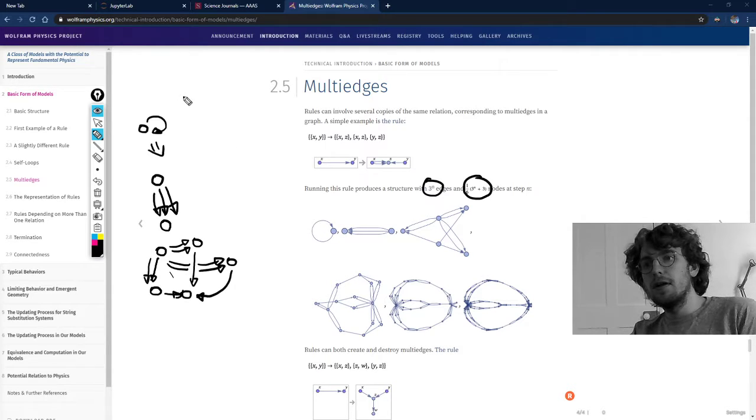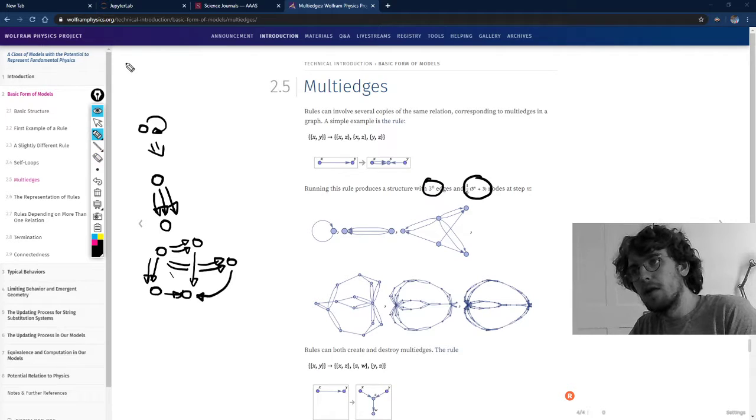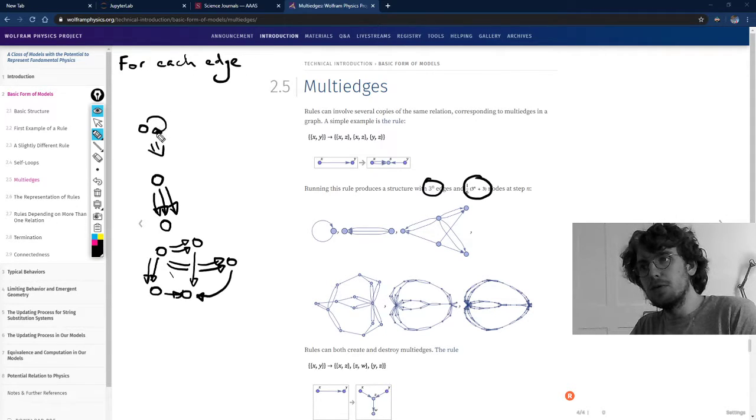because for each edge, we are going to create one new node.